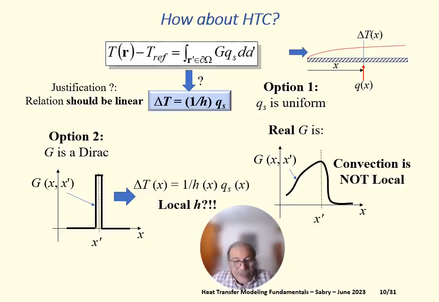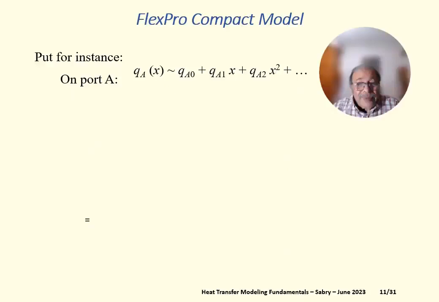But it is not a Dirac. It is never a Dirac. We have obtained this for many special cases where we can do that analytically, circular cross-section duct or two parallel plates, and we have obtained G, and we know it analytically. It is not a Dirac. It is this form I have shown here on the right.